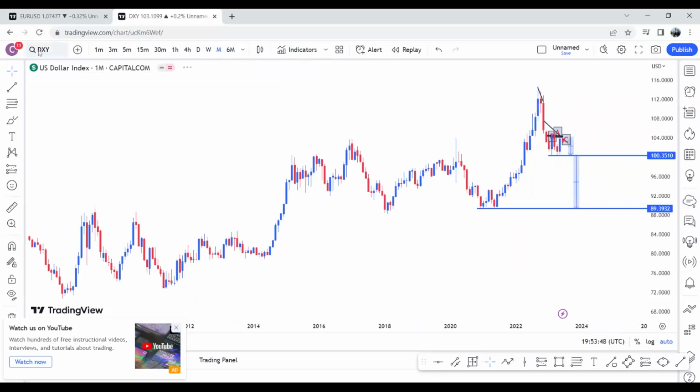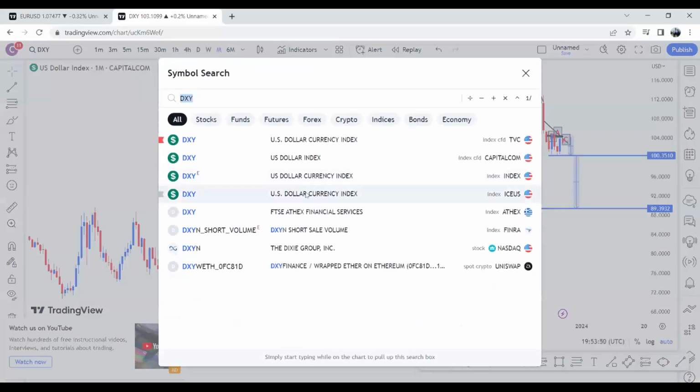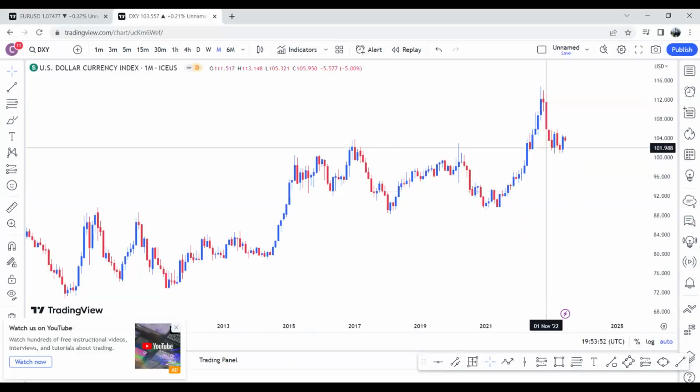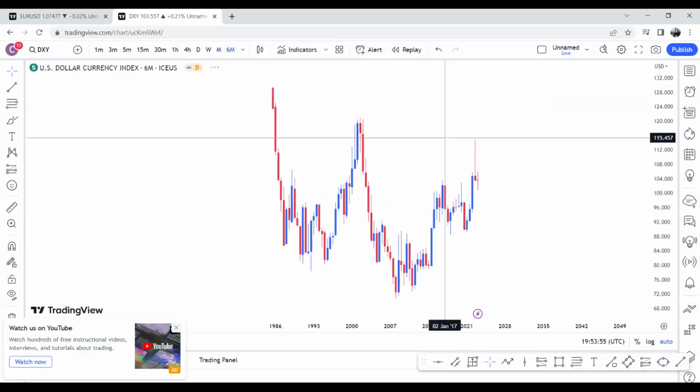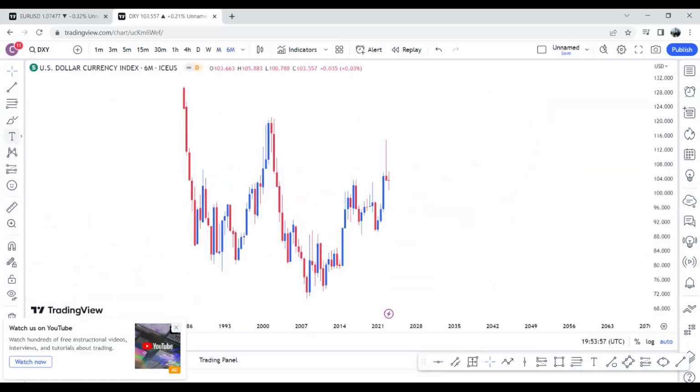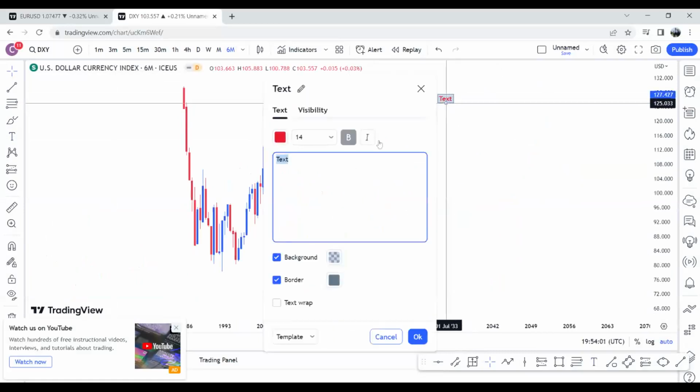Before I do a simple top-down analysis, what I call time frame to time frame analysis.